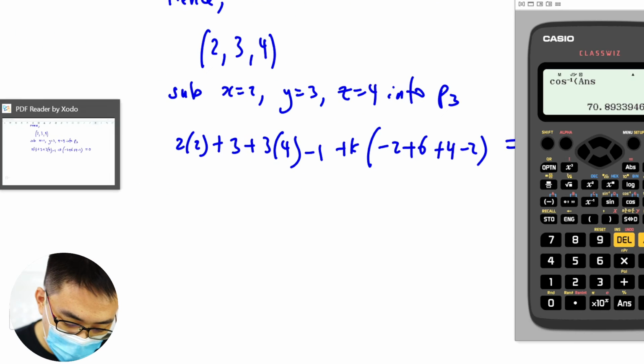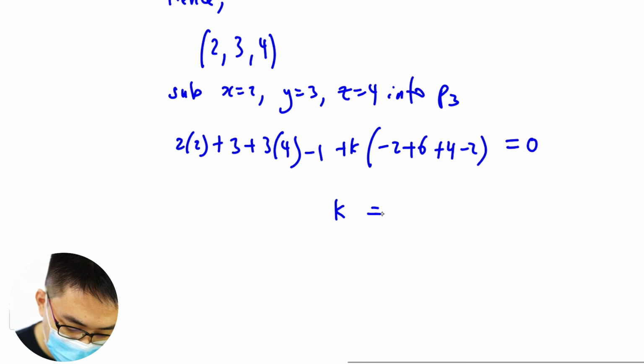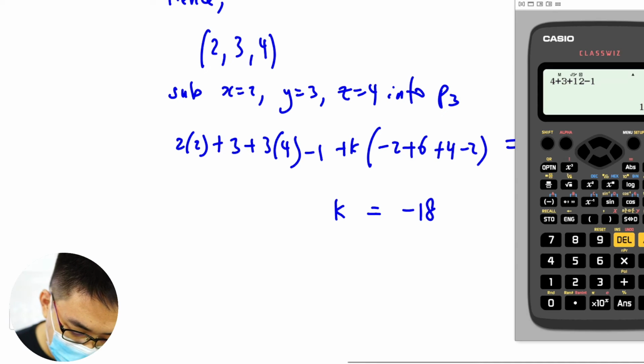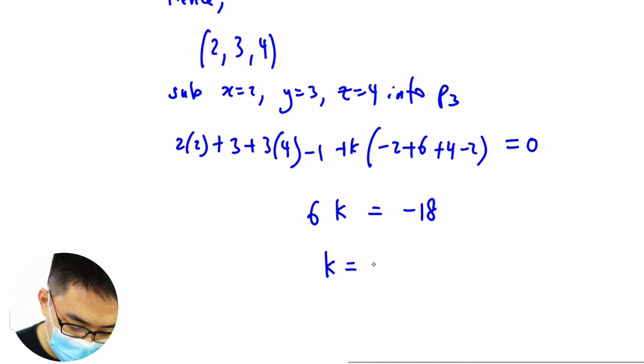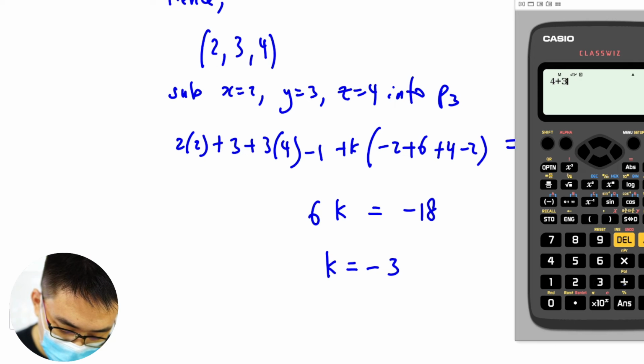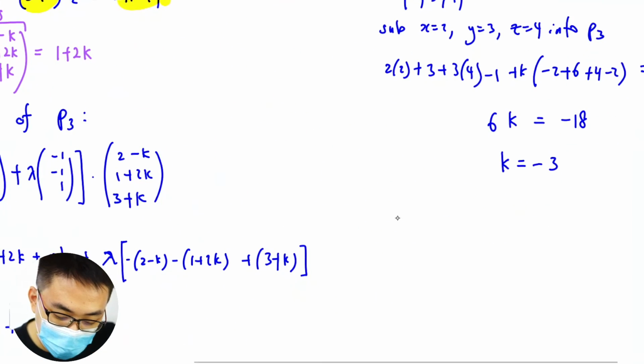Key in the calculator to find out what's the k. Okay, k is minus 3.